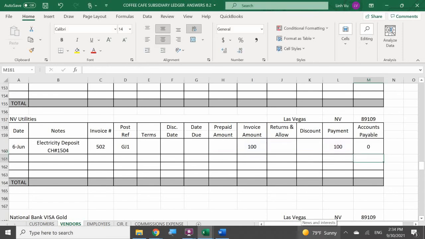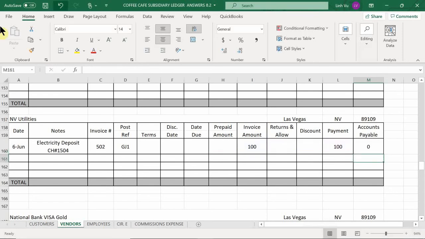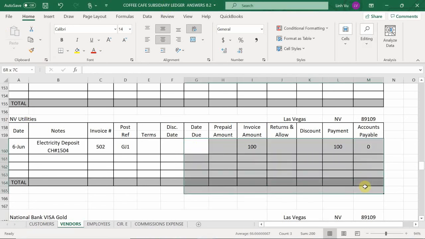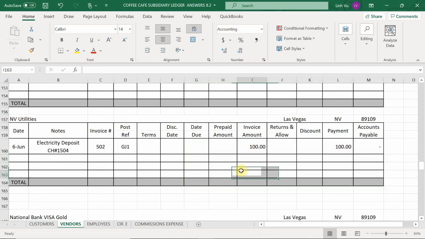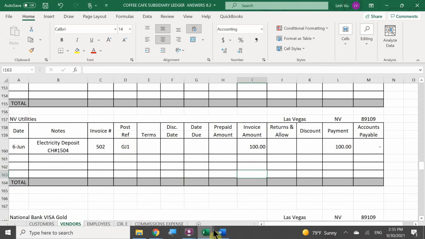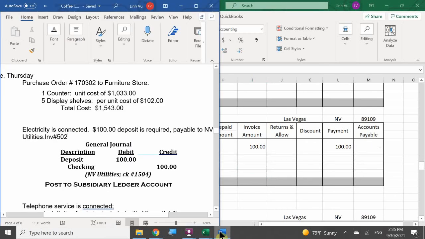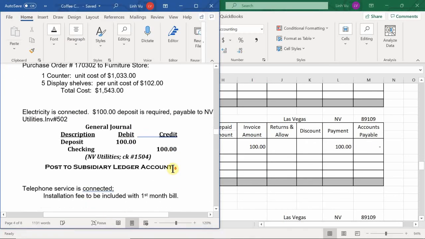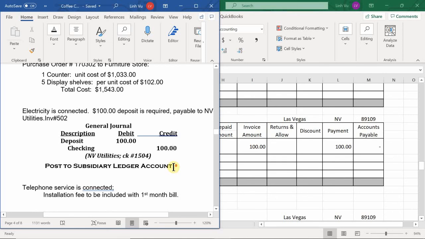So in this case, I owe NV Utilities nothing. In fact, they owe me money. We just have to keep track that we made a deposit, so they owe us some money in the future if we do leave the location. All right, then let's take a look at what happened next.